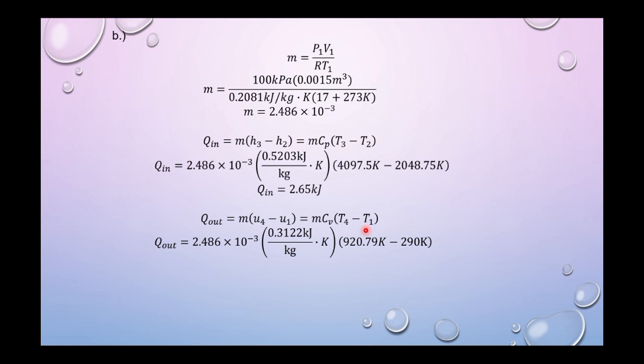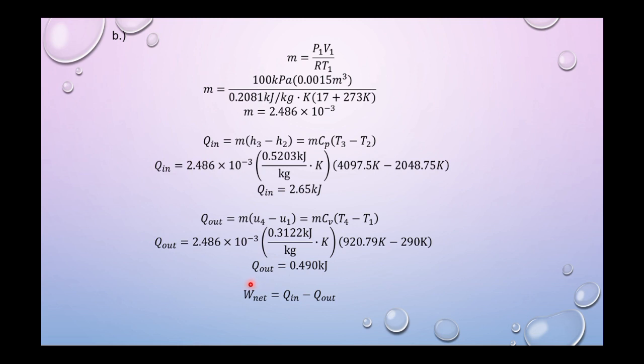So, substitute, Qout is equal to 2.486 times 10 raised to negative 3 times 0.3122 kilojoules per kilogram Kelvin, which is the Cv, times 920.79 Kelvin minus 290 Kelvin. So, our Qout is equal to 0.490 kilojoules.